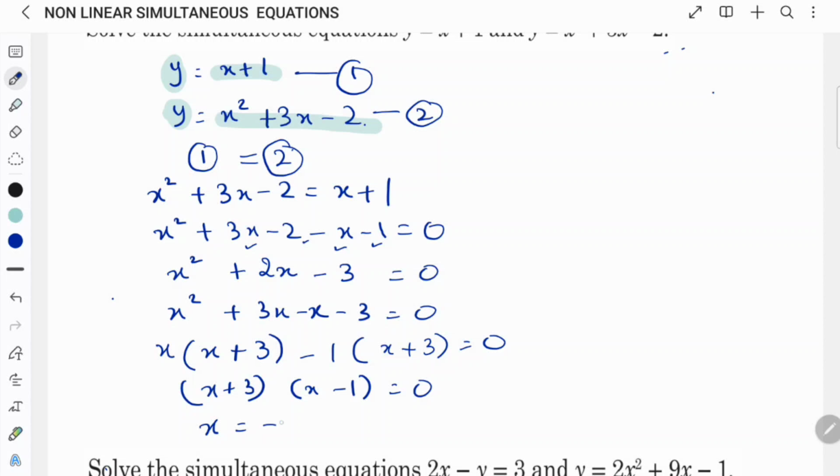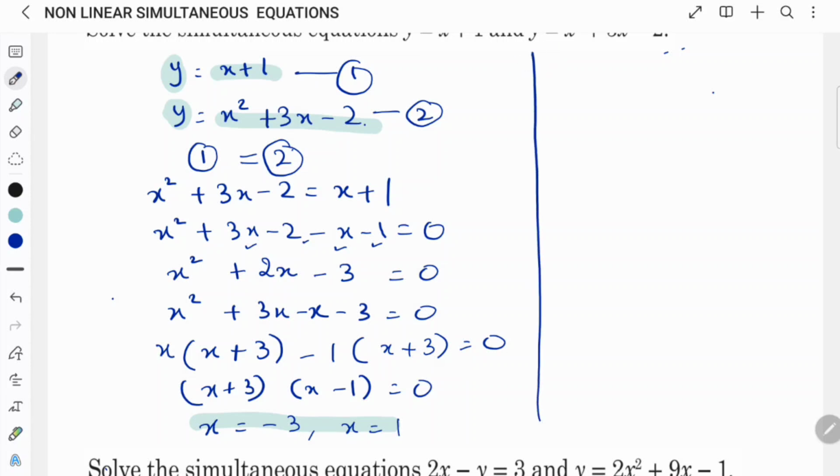So it means x equals minus 3 and x equals positive 1. Because if x plus 3 is 0, then x equals minus 3. If x minus 1 equals 0, then x equals 1. So we are getting the values of x. Always put them into the linear equation, or the one in which the y subject is there. That is much easier. So what are we going to do?